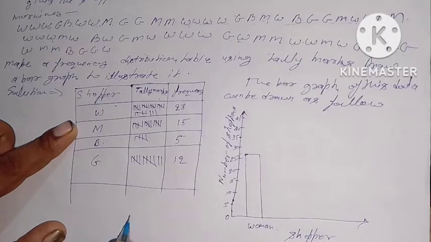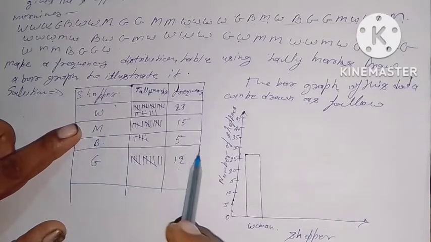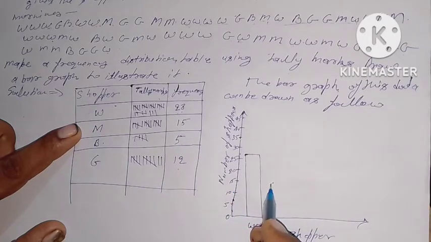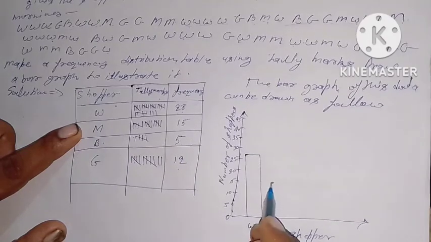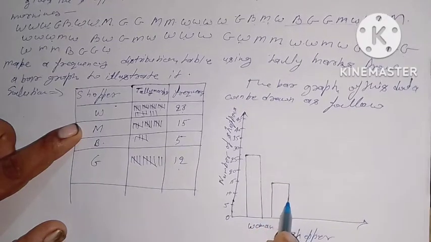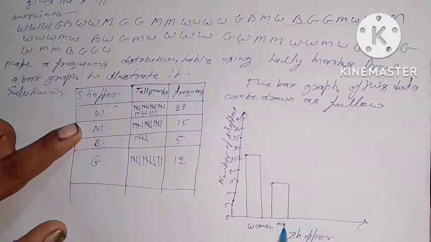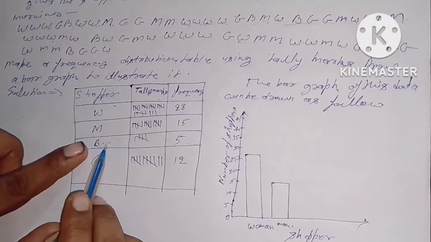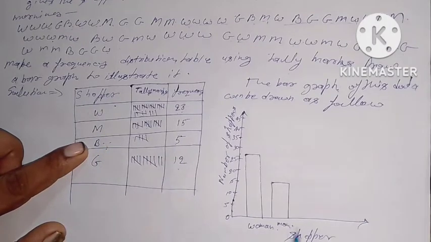Next is man. How many times? 15 times. 0, 5, 10, 15. The bar graph goes up to 15. This is men. Third is boys. Boys, how many times? 5 times.